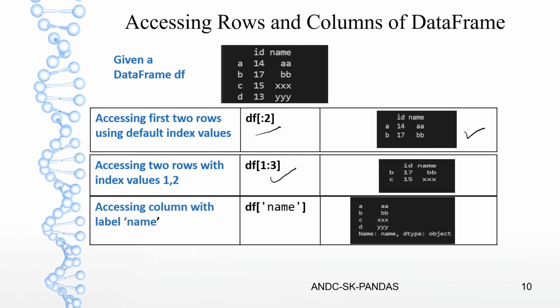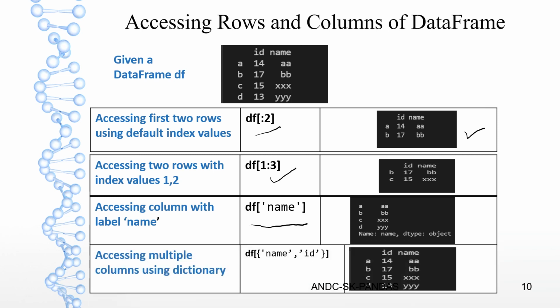Suppose I want to access the name column of the data frame. In that case, I just simply write df['name']. And if you want to access many columns, you have to work with list-style notation. You write all the column names which you want to access from your data frame in brackets separated by commas.